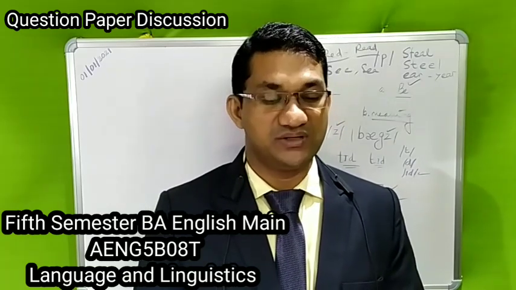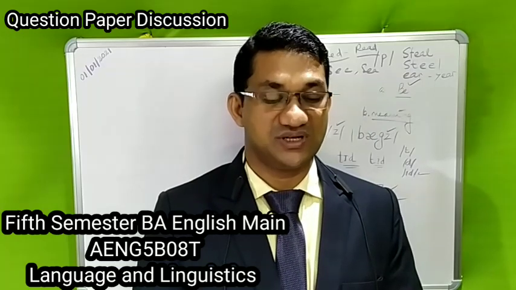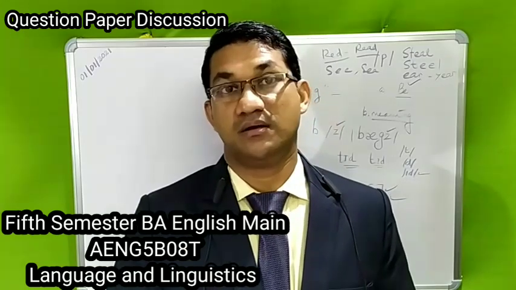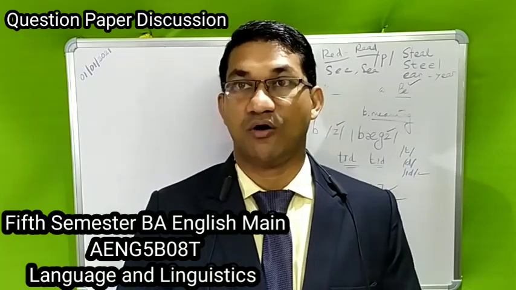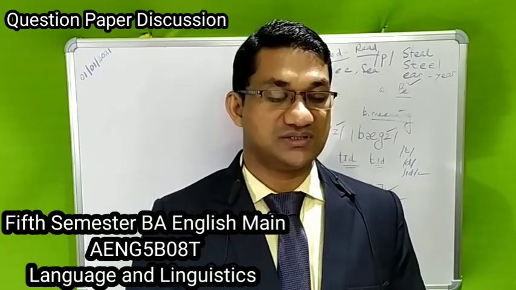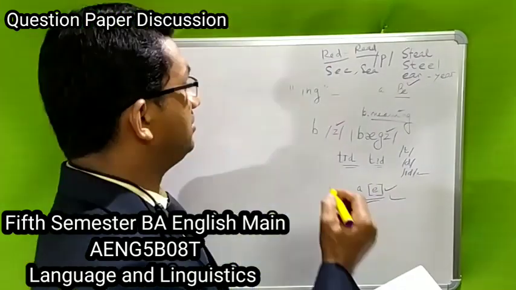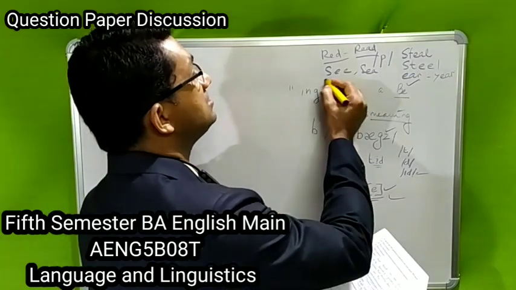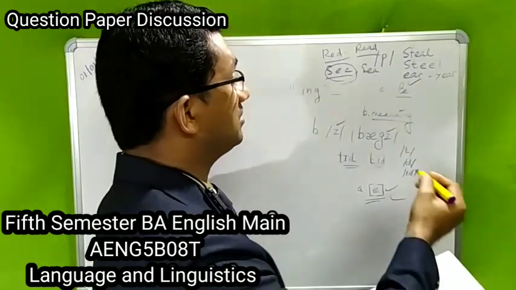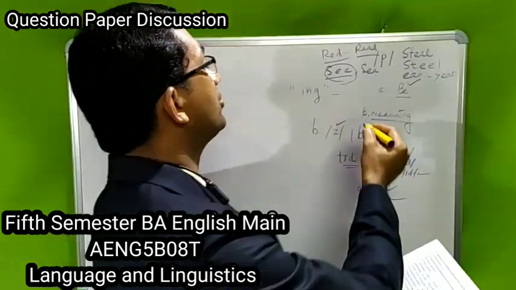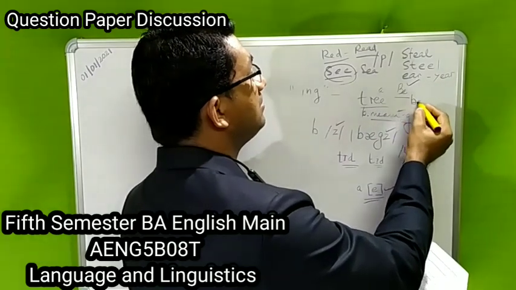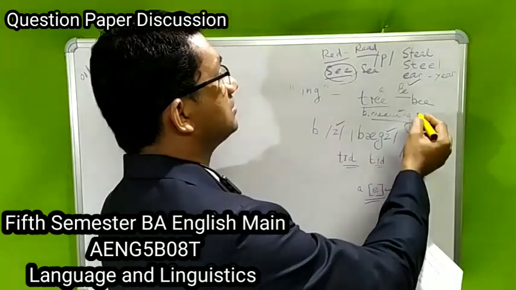Next question, number 18. What is an open syllable? An open syllable is a syllable that ends in a vowel sound. Say for example, we have the word see. You can have seeing. Similarly, you have tree, bee.